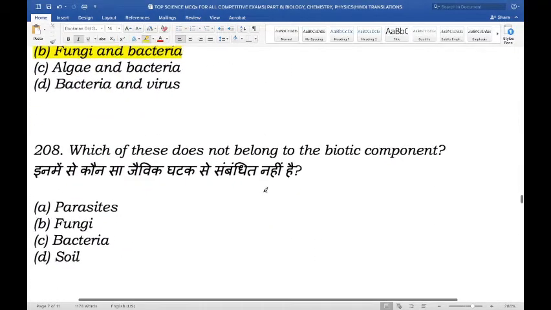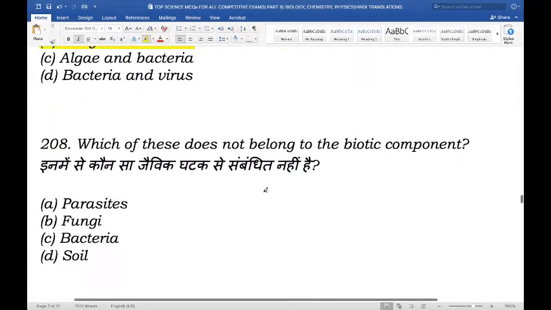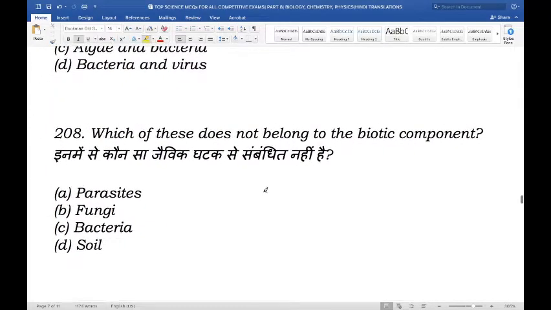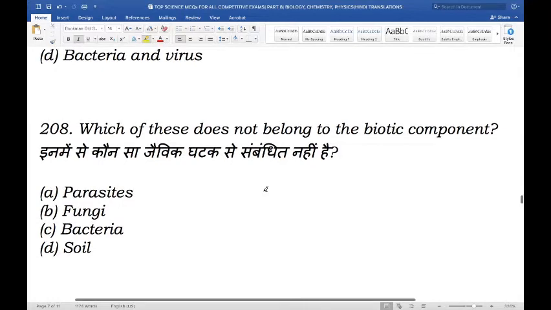Moving on to the next question. Which of these does not belong to the biotic component? And remember, biotic component or biotic factors describe any living component that affects another organism in an ecosystem. So which option is not a biotic component?